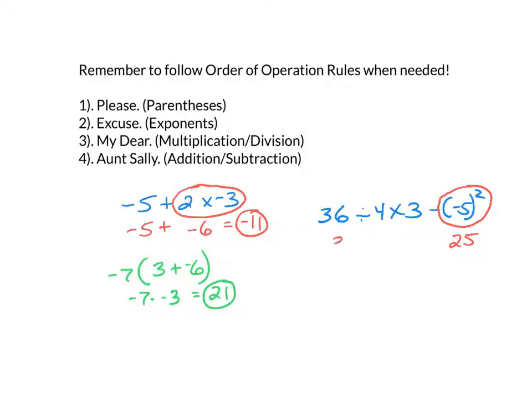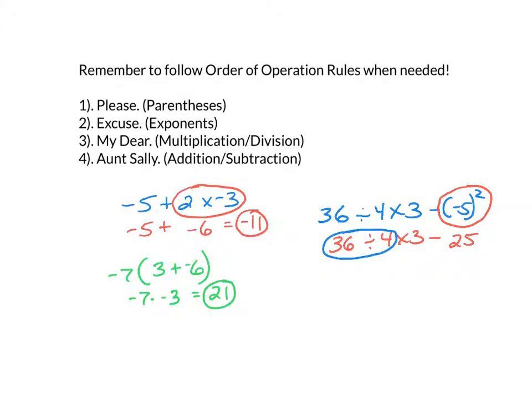And now I'm going to rewrite everything else that I have. 36 divided by 4 times 3 subtract 25. One of the bigger mistakes sometimes people make is in this next step. I have 36 divided by 4 times 3, and I have to do multiplication and division first. But remember, I have to do them in order. So the very first thing I'm going to do is the 36 divided by 4.